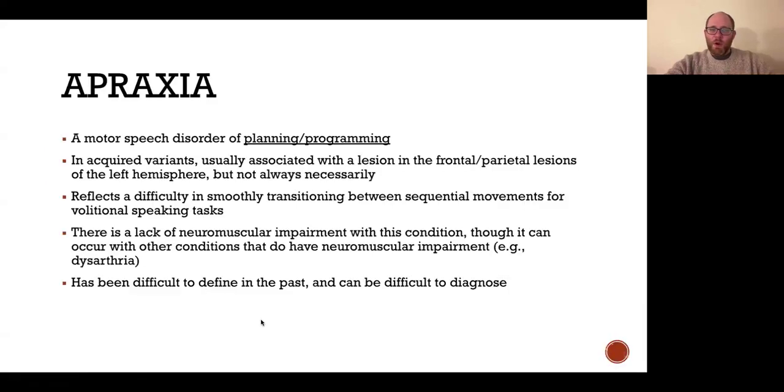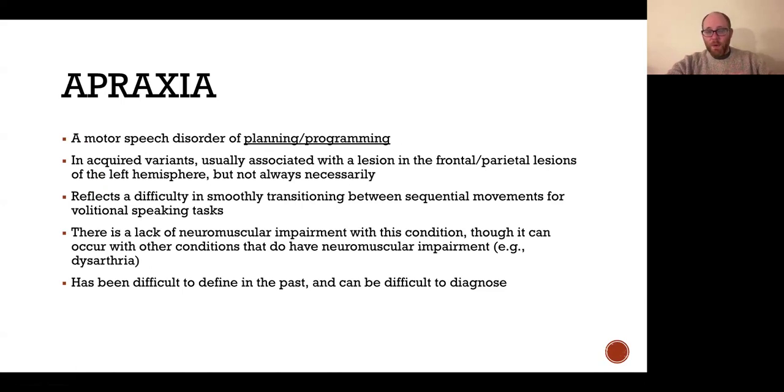All right, with that, we've wrapped up dysarthrias, so we're going to move right along into apraxias. As I said earlier, apraxia is a motor speech disorder of planning and programming. In the acquired variants, it's usually associated with a lesion in the frontal-parietal area of the left hemisphere, but not always necessary to cause that.